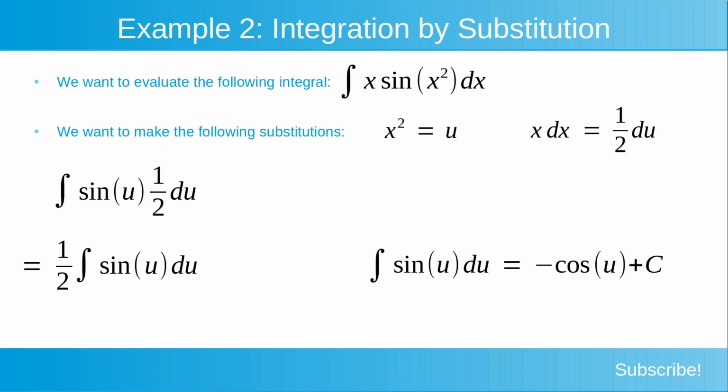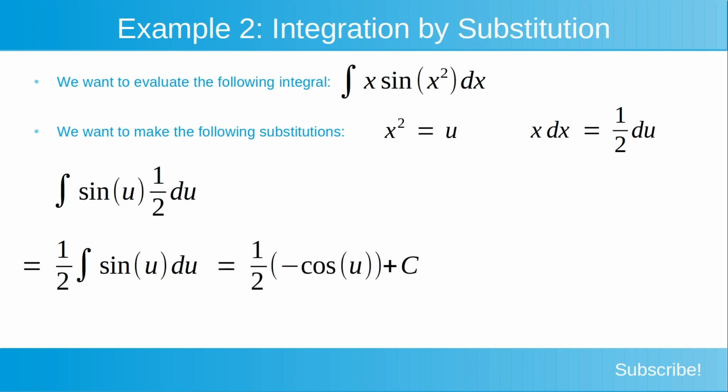When we apply this formula to our example at the left hand side of the screen, we get that 1/2 times the indefinite integral of sine u du is equal to 1/2 times minus cos u plus c. Now when we multiply that out, we get minus 1/2 cos u plus c.